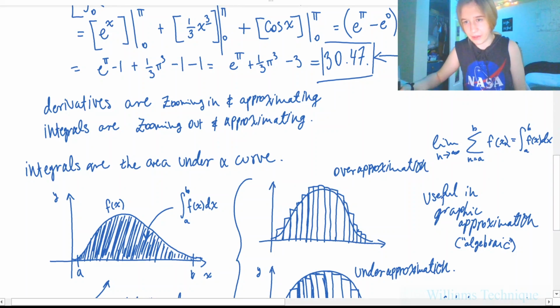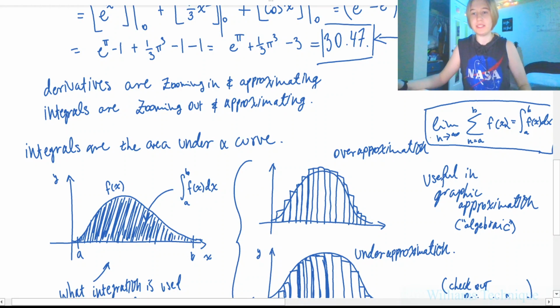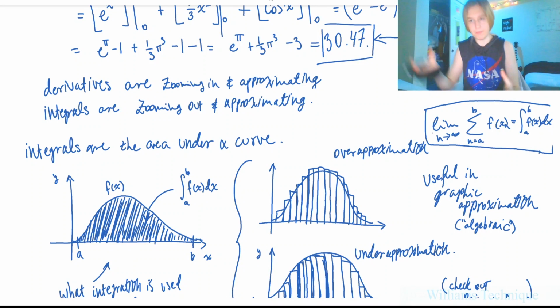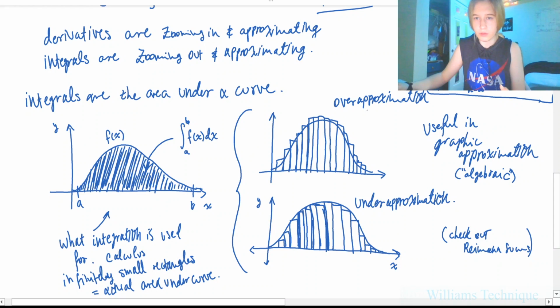And remember when I was talking about Riemann sums and how this relates to them? This over here is essentially what an integral is. We take the sum of some function from n equals a to b, and we take the limit of the sum, and that's what an integral is. Because if we weren't to take the limit, and just had the sum, we'd either over-approximate or under-approximate the curve with the rectangles we use to estimate the area.